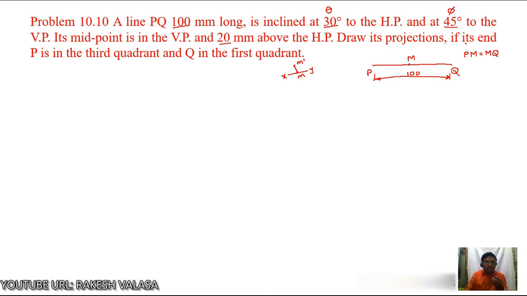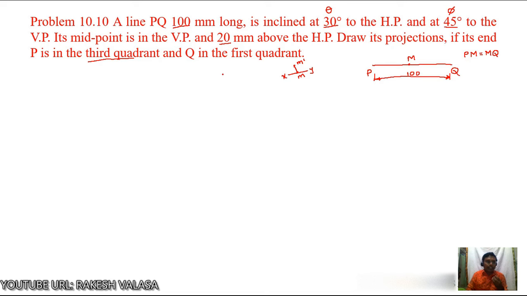Next, the line ends P and Q. P is in the third quadrant. Already we know the position. For example, when a point lies in the third quadrant, we know the projections of that point.